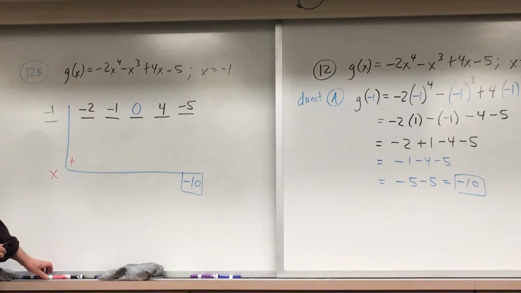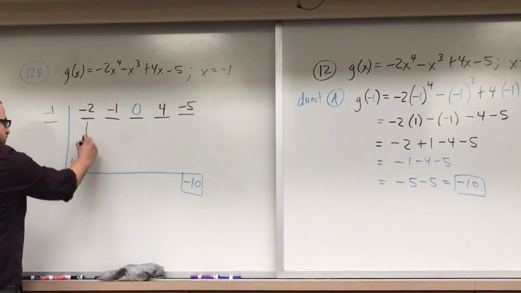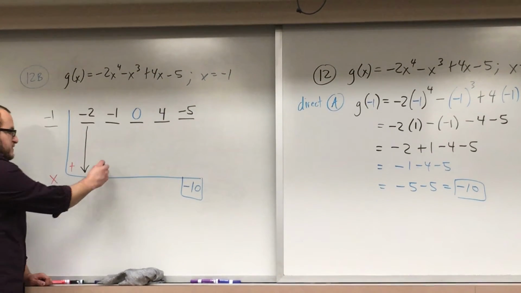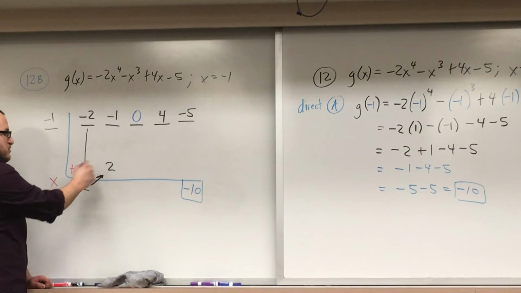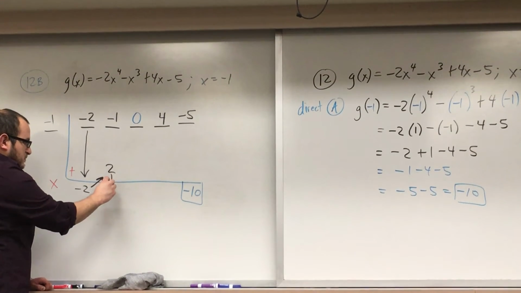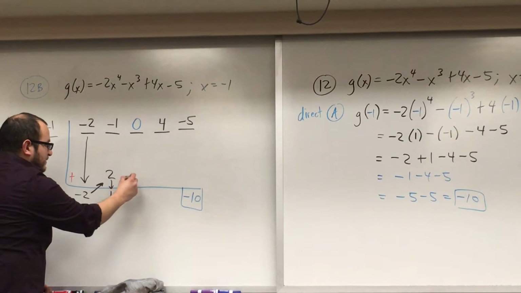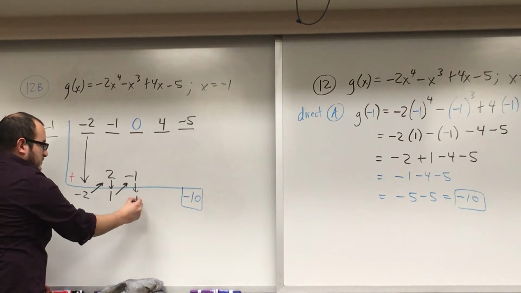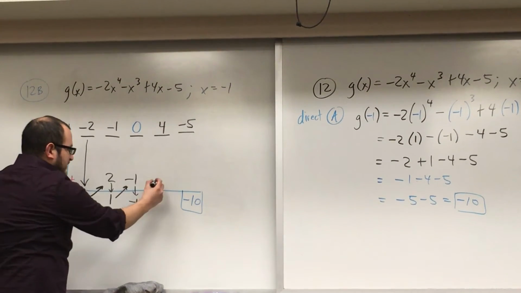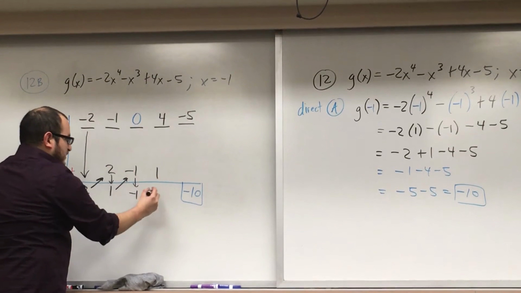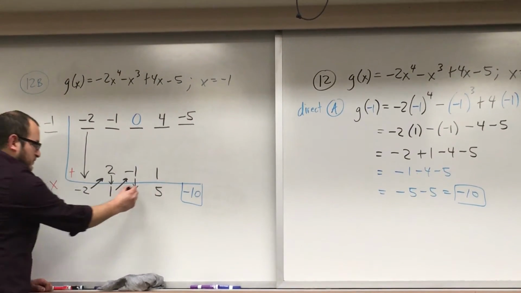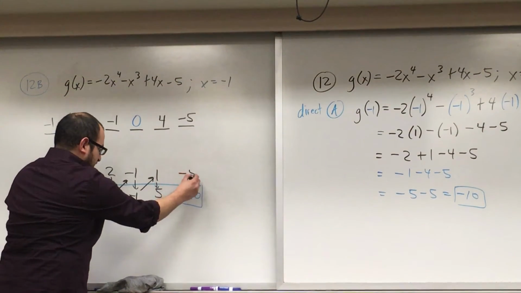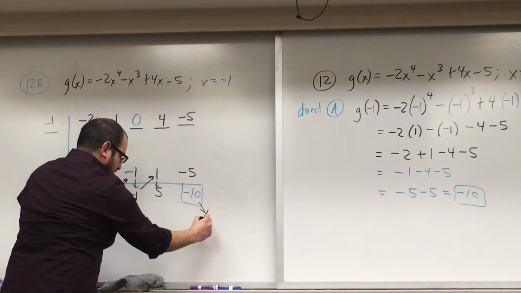Here we go. -2, remember, always bring down the first term, and then we could begin from there. -2 times -1 is +2. 2 plus -1 is 1. 1 times -1 is -1. -1 plus 0 is -1. -1 times -1 is +1. 1 plus 4 is 5. 5 times -1 is -5. And again, this is our answer.